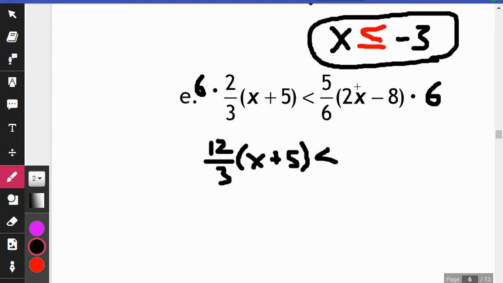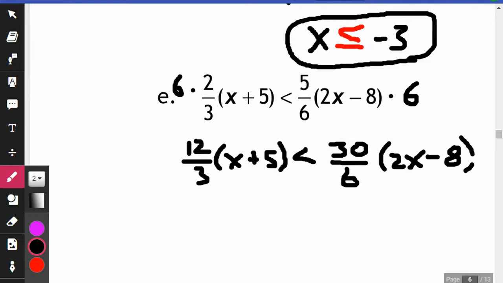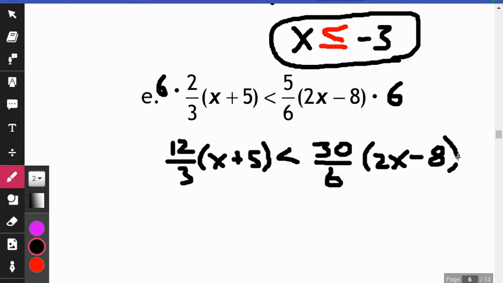I'm going to write 6 times 5 is 30 divided by 6. I made everything 6 times as big. Now I don't have to worry about the things in the parentheses because they're already being multiplied by this number. If they were being added to this number, I'd have to include them. But because they're just being multiplied already, you don't have to multiply by this and by the 6 separately.